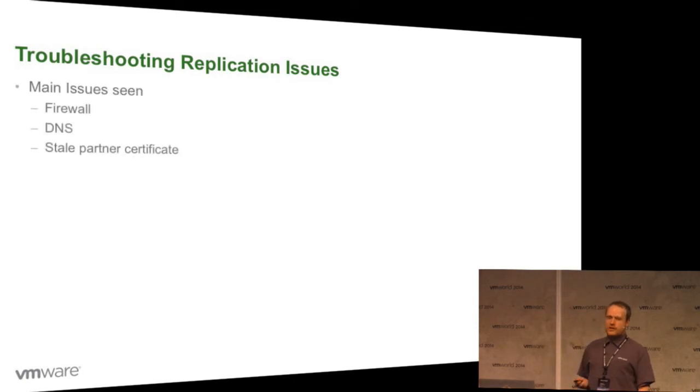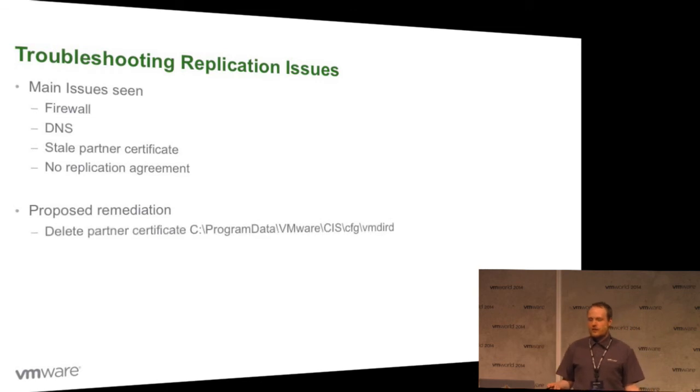For troubleshooting, the most part that I've seen in GSS is actually firewall and DNS. If you happen to reinstall your stuff a lot, it's also a lot of partner certificates that we are seeing, and not having a replication agreement in place can also be hindering replication from going on.